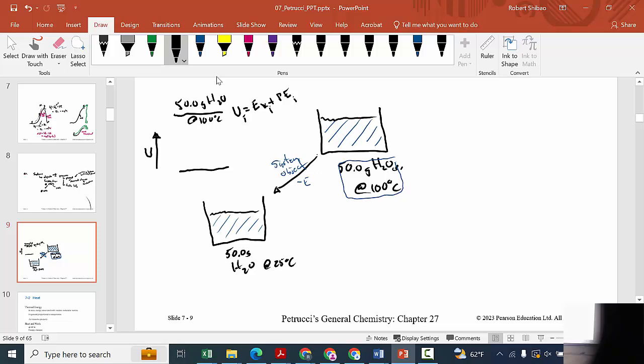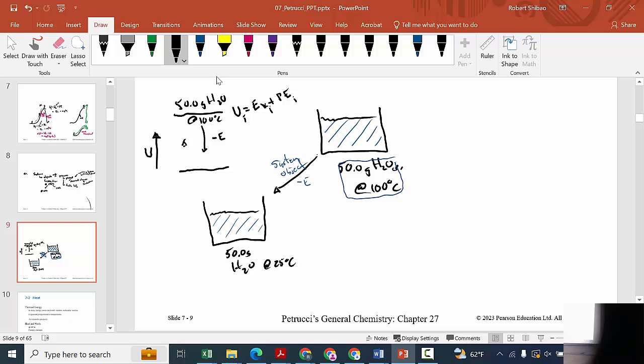And then what I'm going to do is I'm going to remove energy here. And where's that energy going? To the surroundings. So the system will have a loss of energy, and the surroundings will be positive.